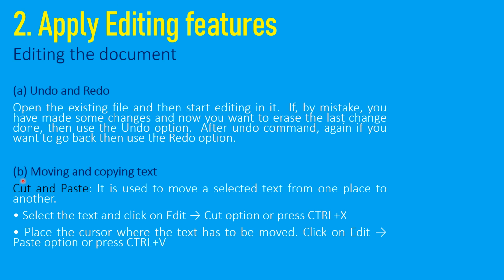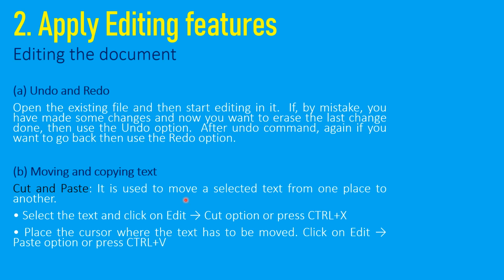Next is moving and copying text. In moving and copying text, first is cut and paste. This option is used to move a selected text from one place to another place in the same document or in another document. Now, if you want to implement cut and paste, first of all, you have to select the text or select the object which you want to move from one place to another.